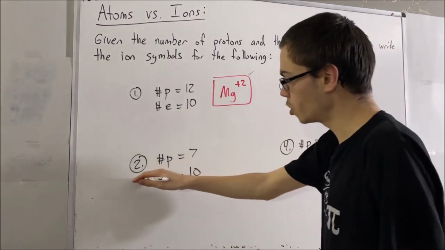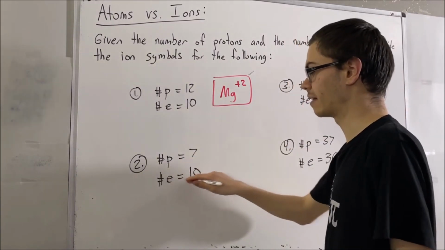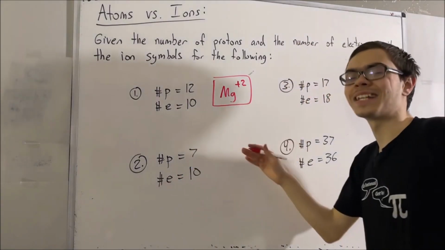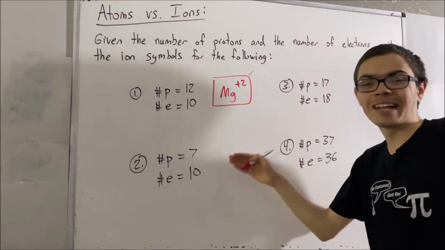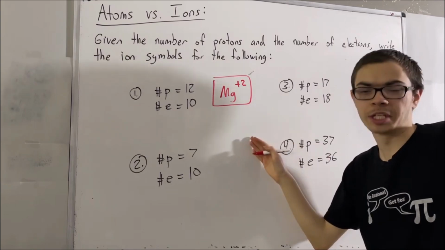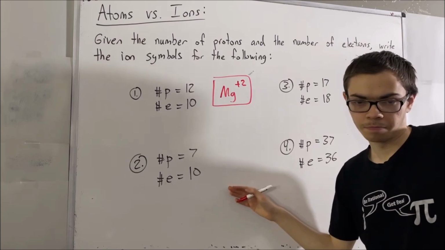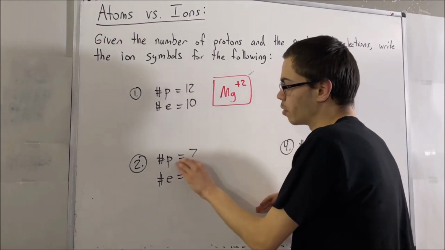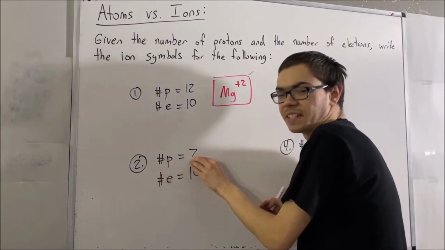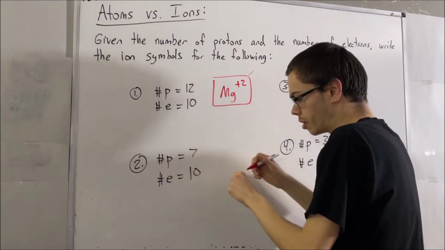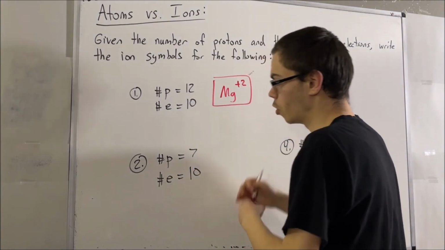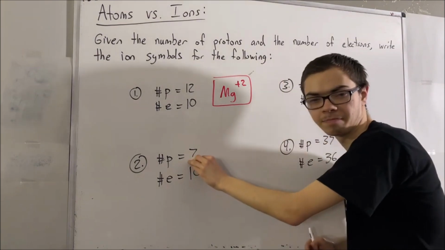Now, in number 2, we're given 7 protons and 10 electrons. To get the ion symbol, we need the element symbol and then the charge in the upper right corner. Let's start by figuring out the element symbol. Again, we're given 7 protons, so the atomic number is 7. Let's go to table S to look for which element has an atomic number of 7.